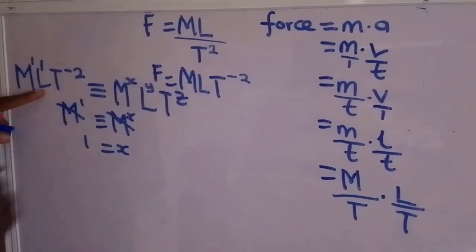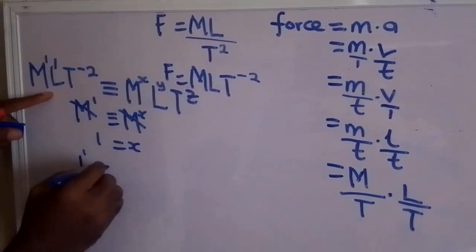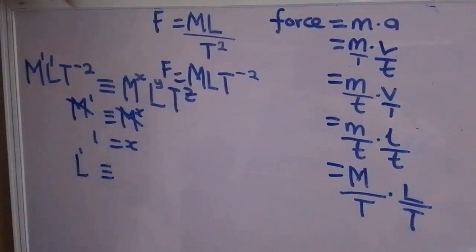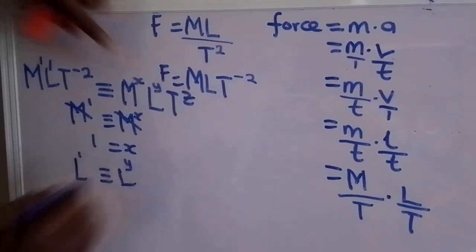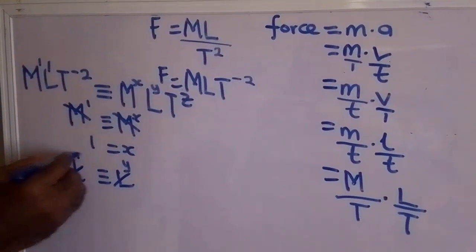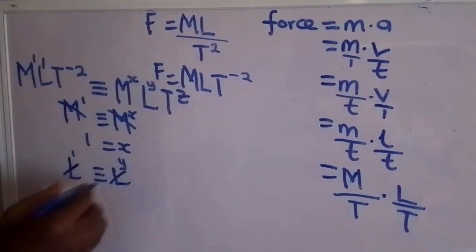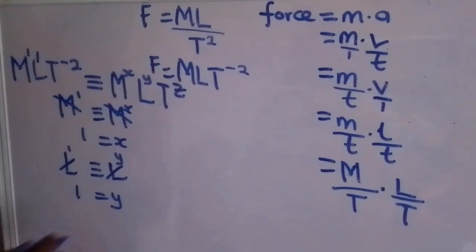Take the next letter. From the one we got, L is raised to power 1. It must be equivalent to what is L in the one given in the question, L raised to power y. Guys, the bases are the same. This is indices. It means their powers must be equal and the same. 1 is equal to y.